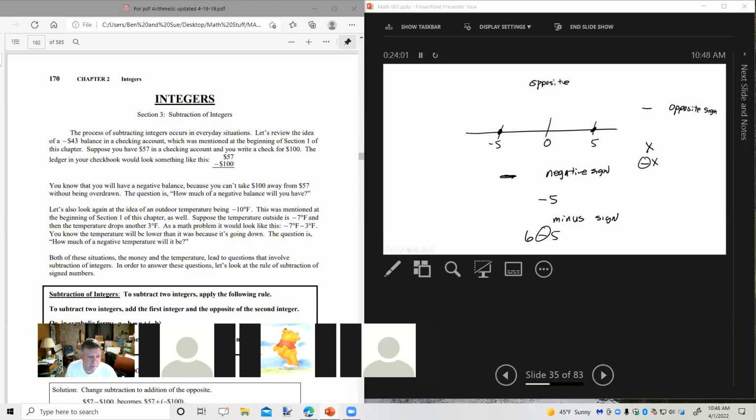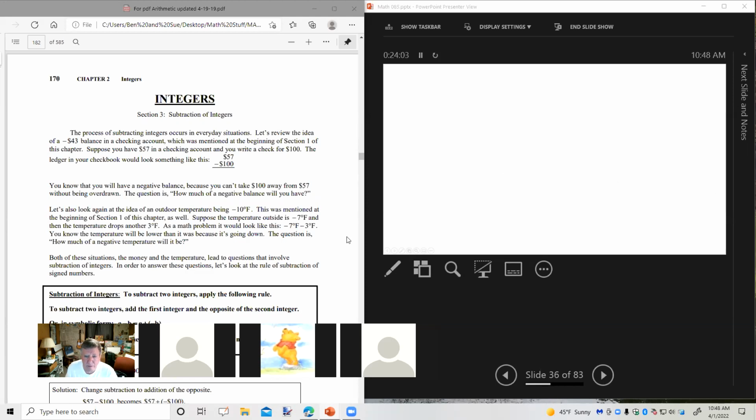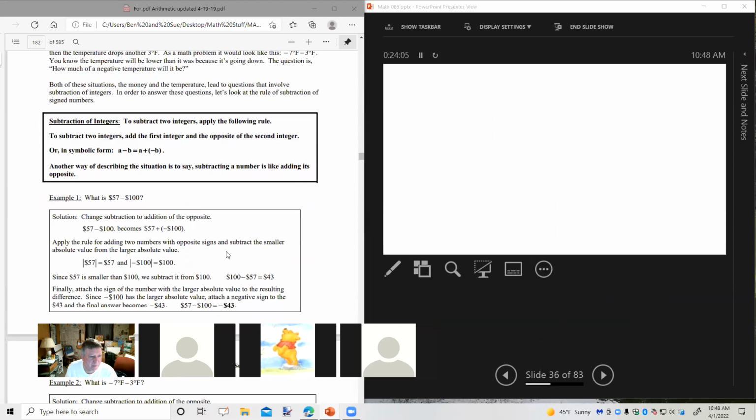Now, it says subtraction of integers. To subtract 2 integers, apply the following rule. To subtract 2 integers, add the first integer and the opposite of the second integer.